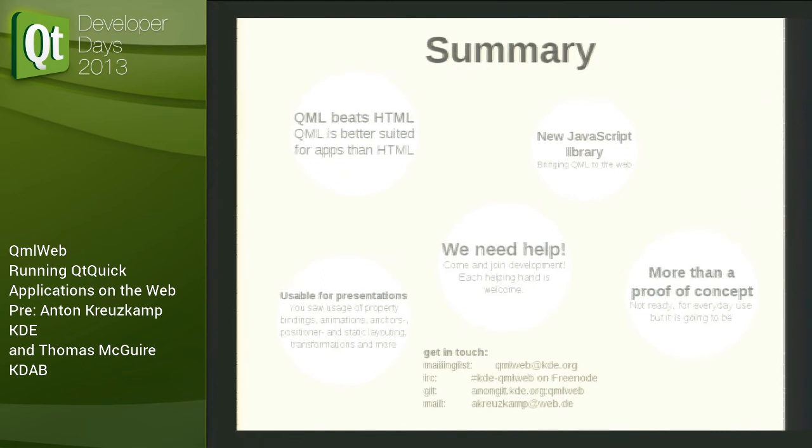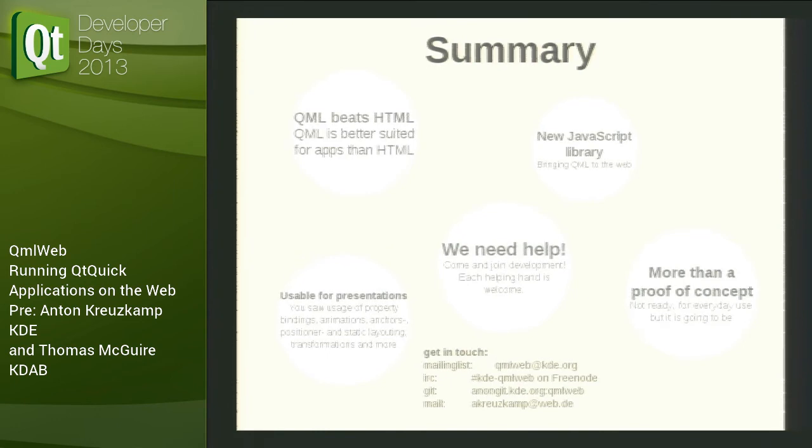So let's summarize what we learned today. QML seems to be far better for applications than HTML. So we created a new JavaScript library that brings QML to the web. And that library is actually more than just a proof of concept. It's even usable for presentations. So you saw not only, of course, many property bindings, you saw those fancy animations.